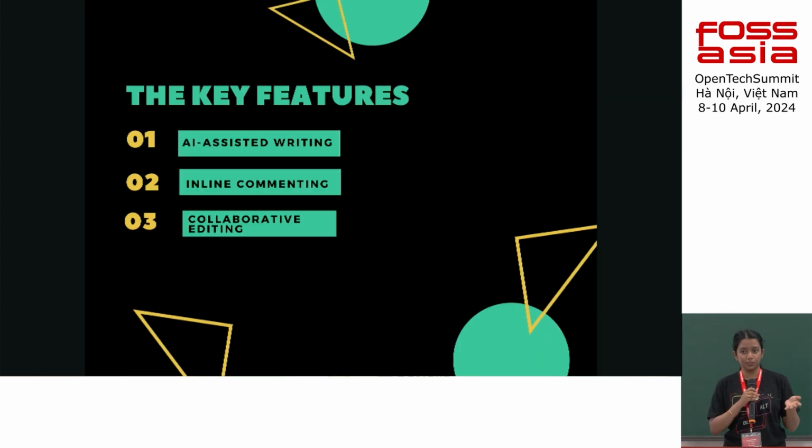And some of the key features that headless Hashnode has, especially as students or as writers or somebody who is creating content, we do have AI assisted writing. So just come up with an idea, and if you want to improve your grammar, if you want to shorten it and do all the fancy things that AI can help you with, that's already inbuilt. Next, we also have inline commenting. So for people who have used Google Docs, you'll see that there is an option for us to go and add comments, add reviews.